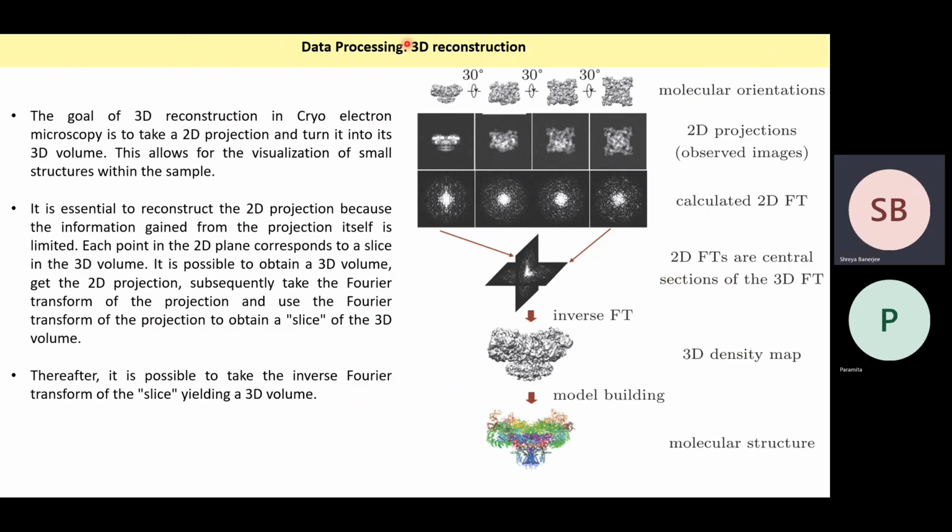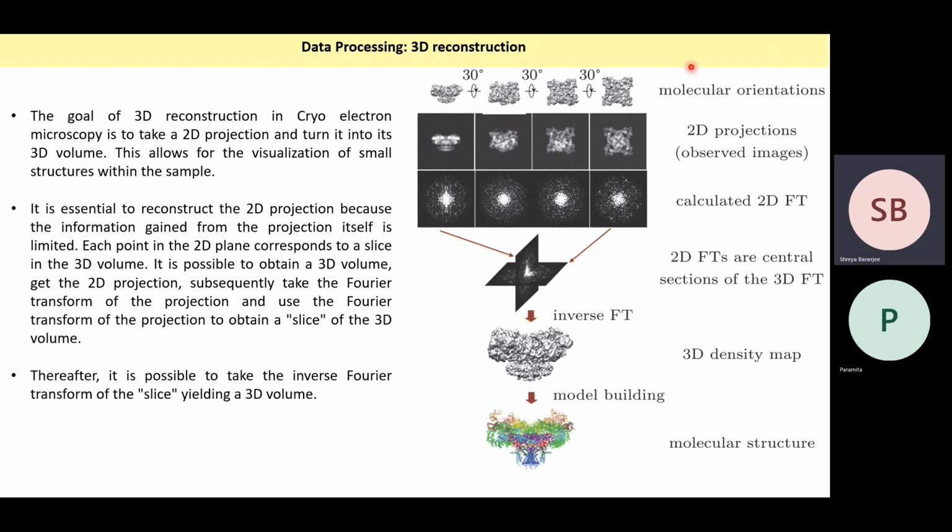Finally, this is how the 3D reconstruction is done. So the goal of 3D reconstruction in cryo-electron microscopy is to take a 2D projection and turn it into a 3D volume. This allows for the visualization of small structures within the sample.